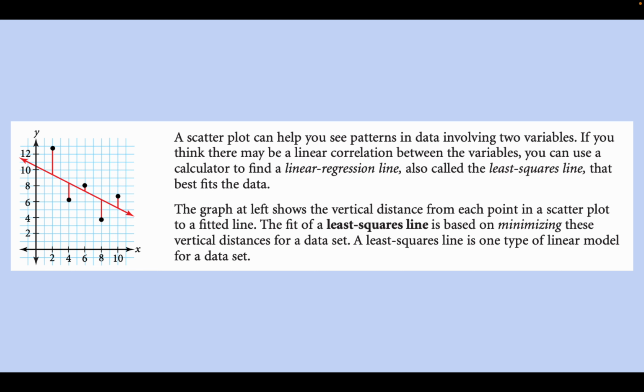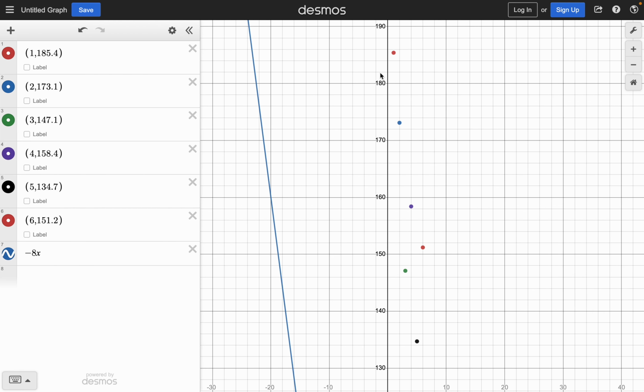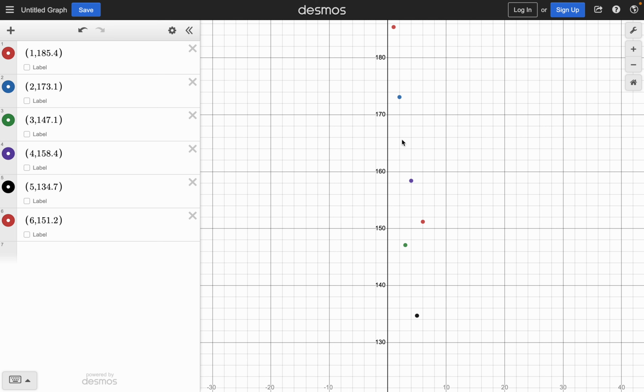The fit of a least squares line is based on minimizing these vertical distances for a data set. A least squares line is one type of linear model for a data set. Basically, it's the linear line you would use to generalize my scatter plot.